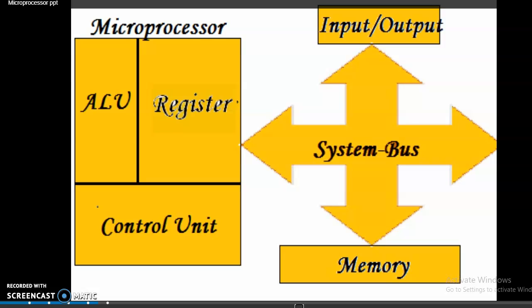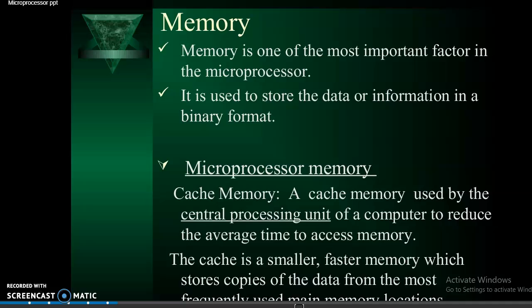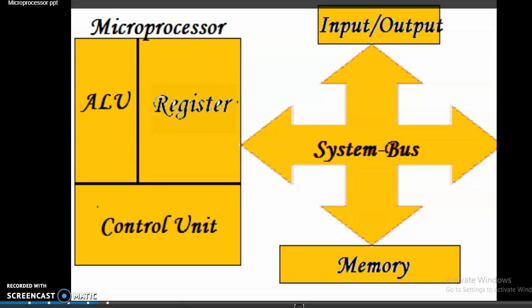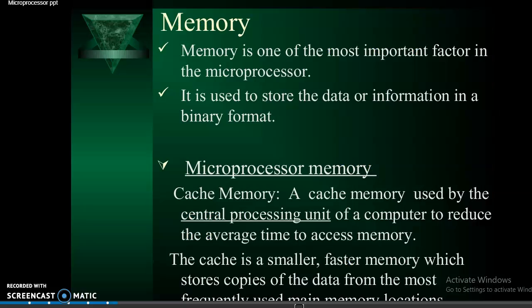There are two types of buses, data bus and address bus. You can see this in our future classes. And then the main unit is memory. So these are all the components of the microprocessor. So what is ALU? ALU means arithmetic and logic unit.